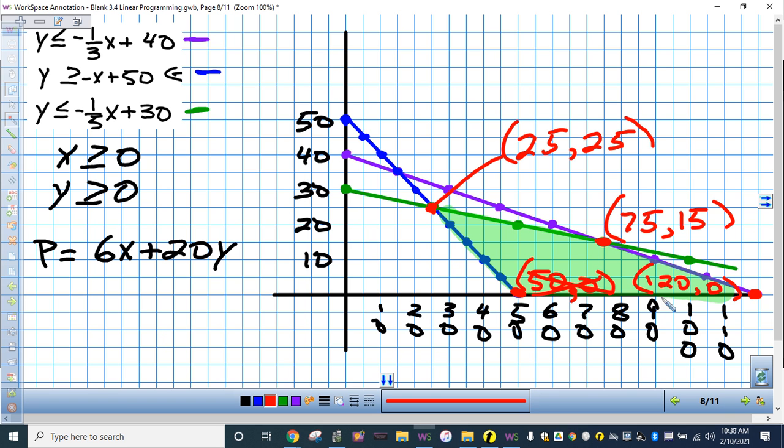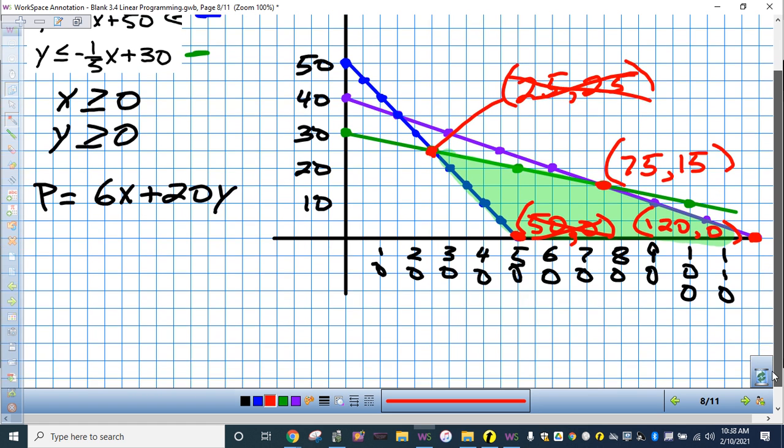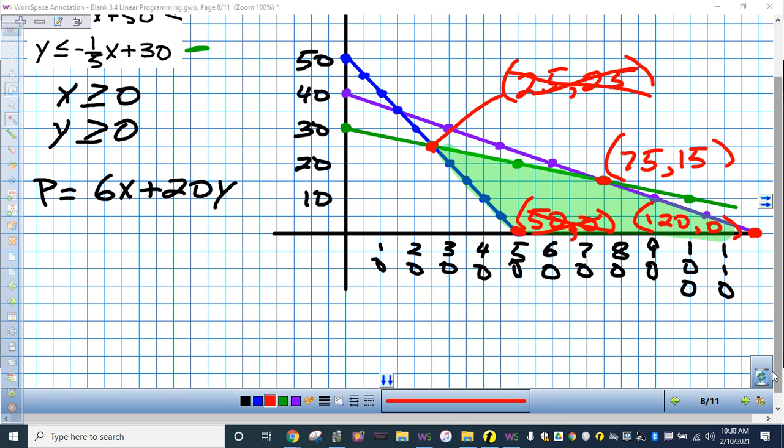And then if I'm thinking which one's going to be bigger between (75, 15) and (25, 25), (75, 15) is definitely going to be bigger, so I'm not going to do that one either. I'm just going to see which one's bigger between (120, 0) and (75, 15). We're almost there. So plugging those in, (75, 15) and (120, 0).